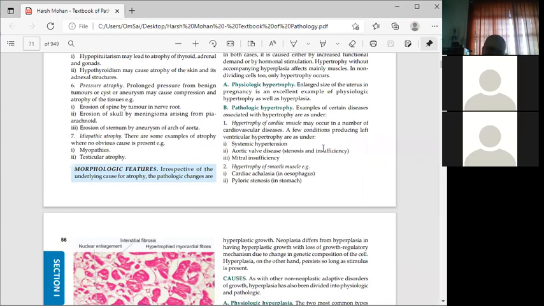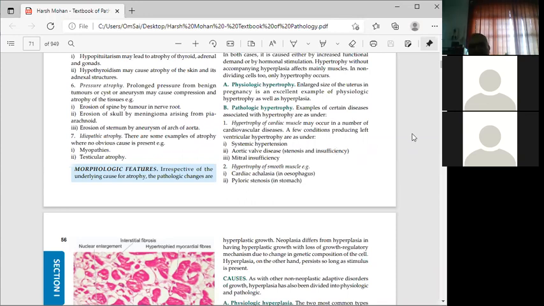But in this diseased condition, the blood does not flow fully through the aorta and remains inside the left ventricle. So the ventricle undergoes change, and this condition is called left ventricular hypertrophy. Got it, students? I hope you are getting it.